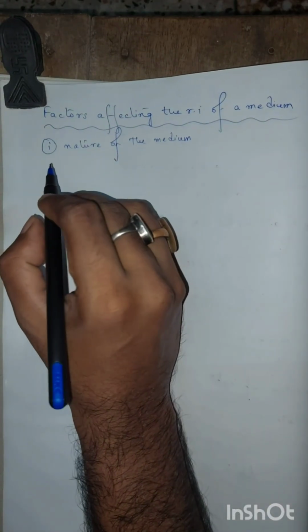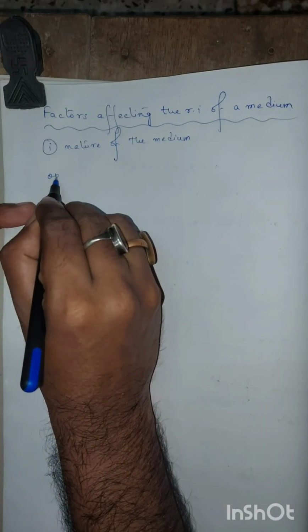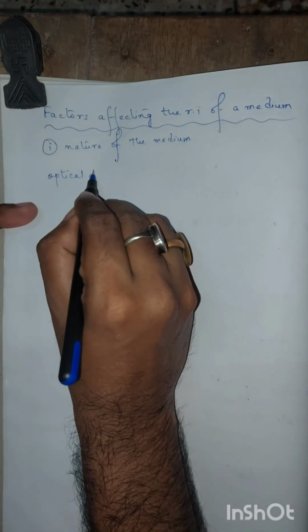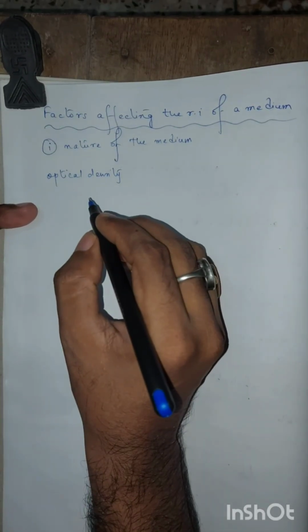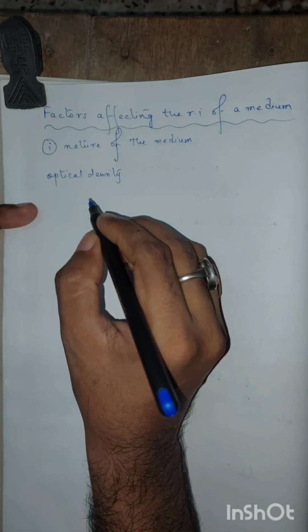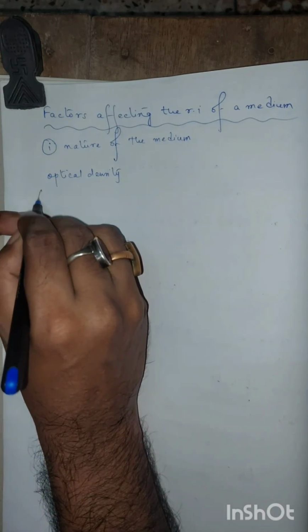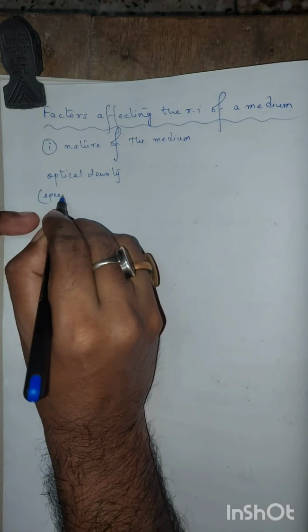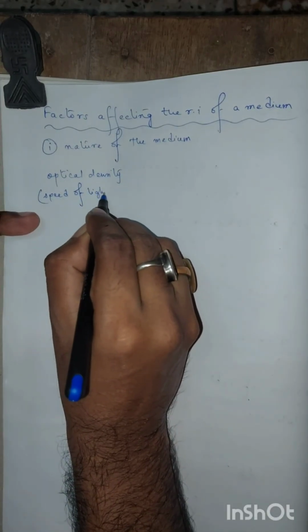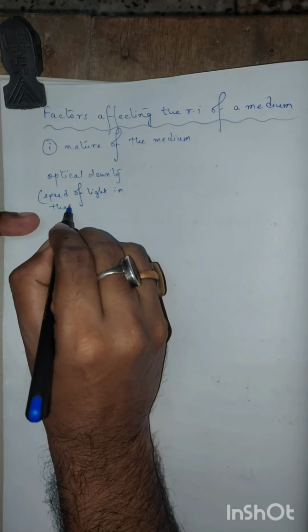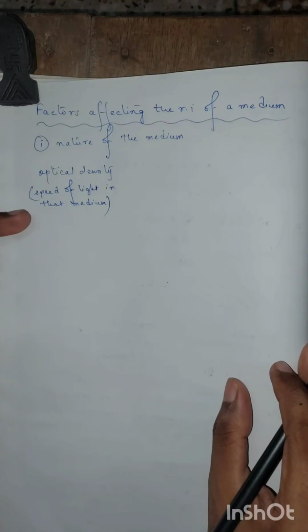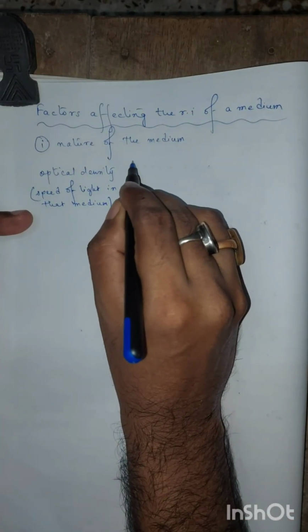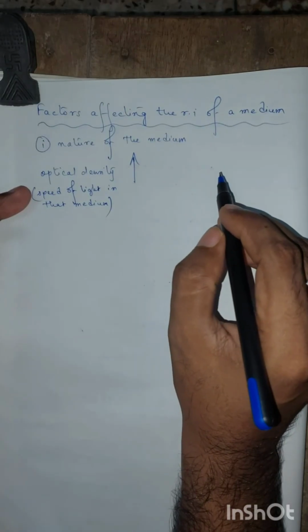Nature of the medium, that means the optical density, which determines the speed of light in that medium.